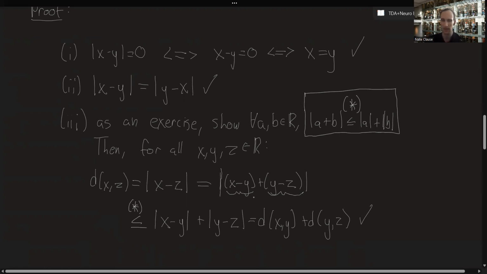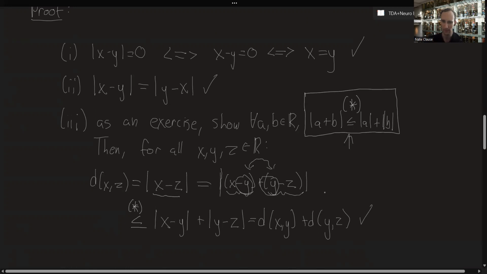So this is a standard approach, I would say, when we're trying to prove the triangle inequality in some general settings: to take x minus z, or the distance between x and z generally, if we have a form like this, and in the middle, include a minus y and a plus y.